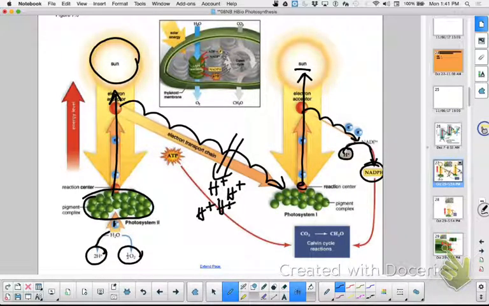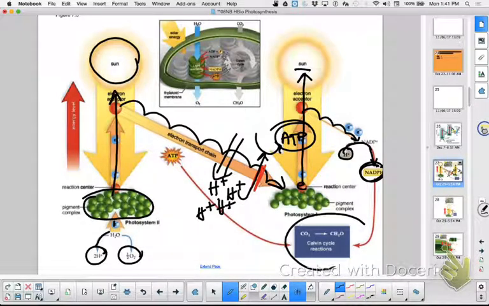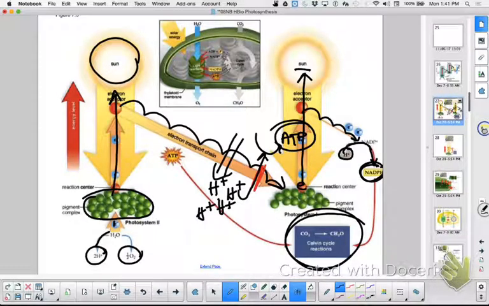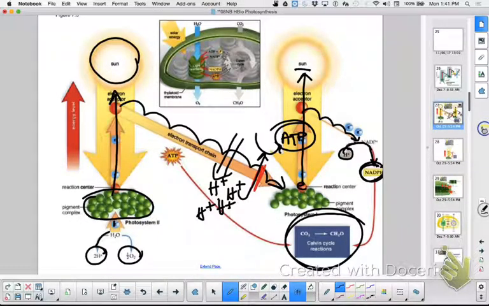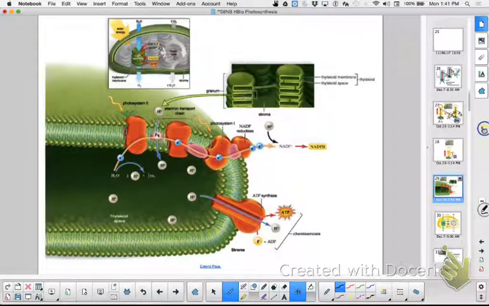Now, because we concentrate those hydrogen ions inside the thylakoid membranes, then just like before, we can use ATP synthase complex, and we can allow those hydrogen ions to move back out into the stroma, and we can make some ATP. And we will take this ATP and the reduced NADP to our Calvin cycle in order to build some sugars. I'm going to show you yet another picture of that, because I know it's a lot to take in.